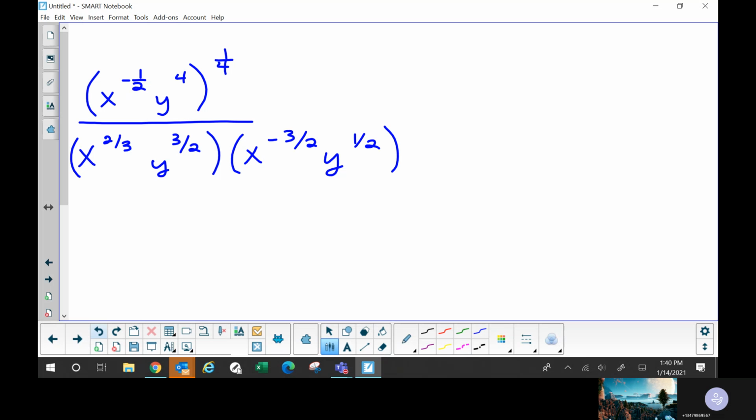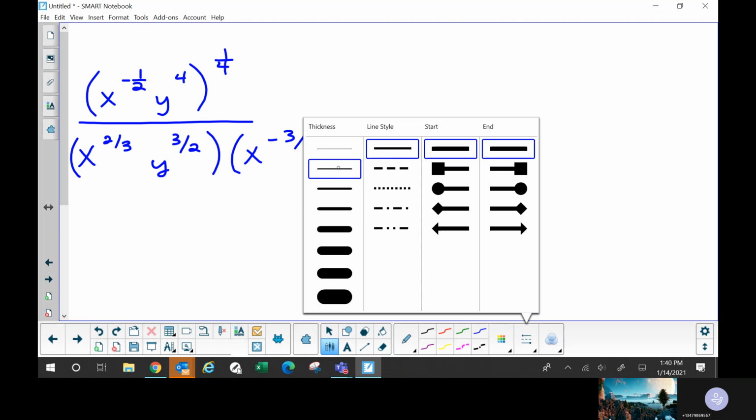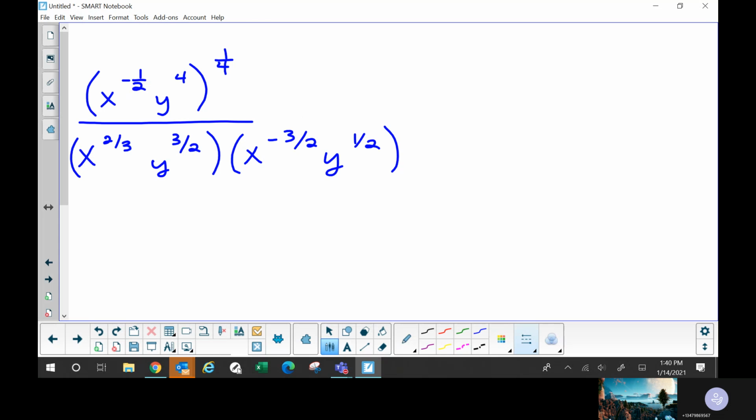Okay, from here, what I did, I took the top and I distributed that 1/4. 1/4 times -1/2. So this is for the x.